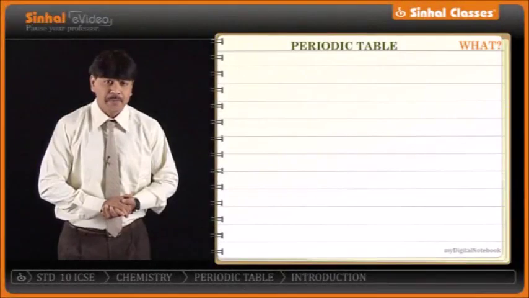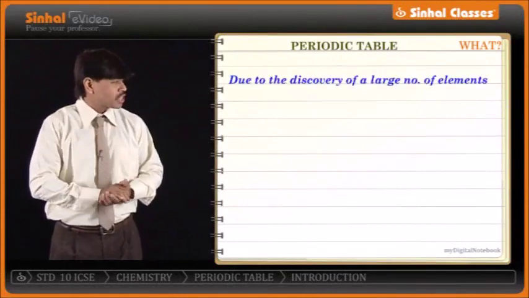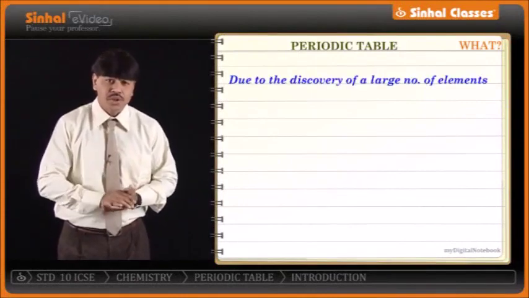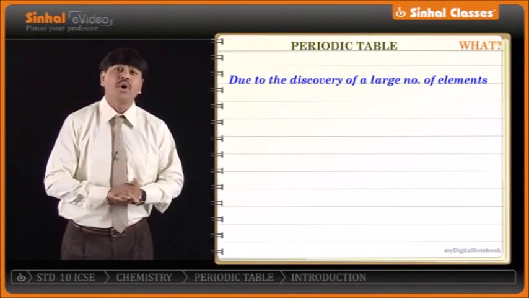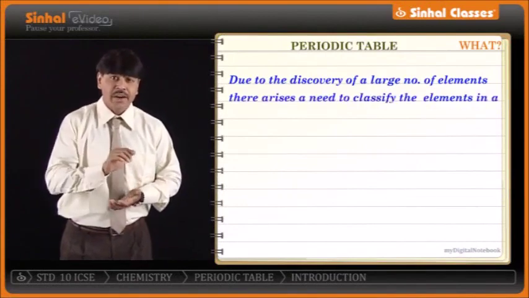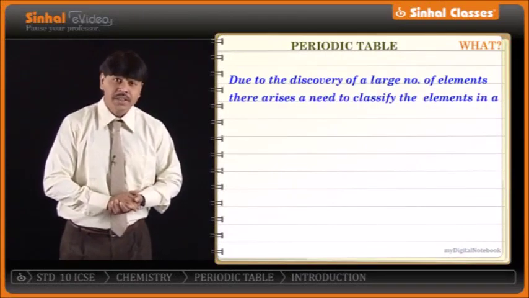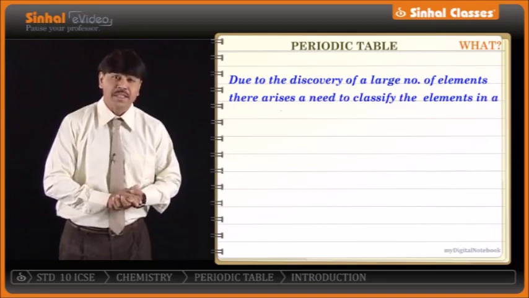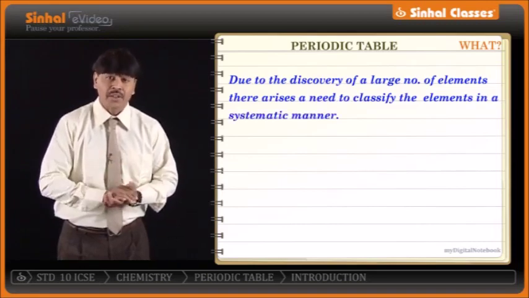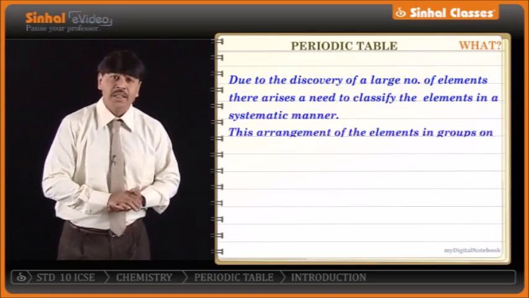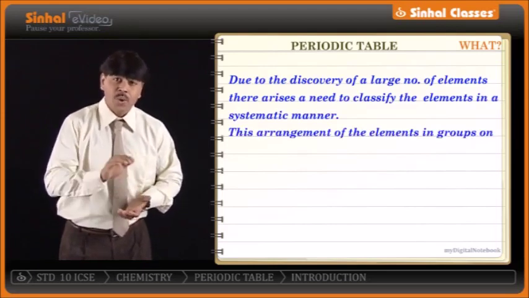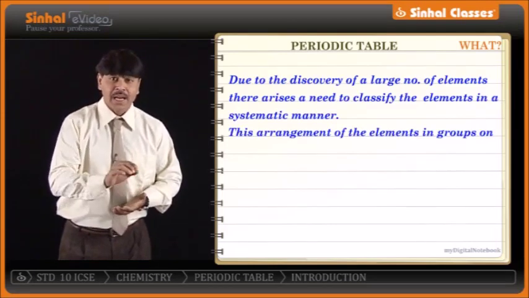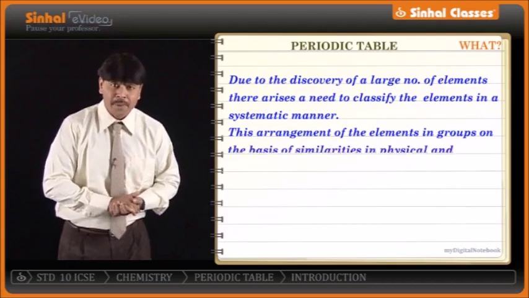Periodic table. Due to the discovery and isolation of a large number of elements, there arises a need to classify these elements in a systematic manner, in such a way that all those elements which have similarity lie in a particular family.